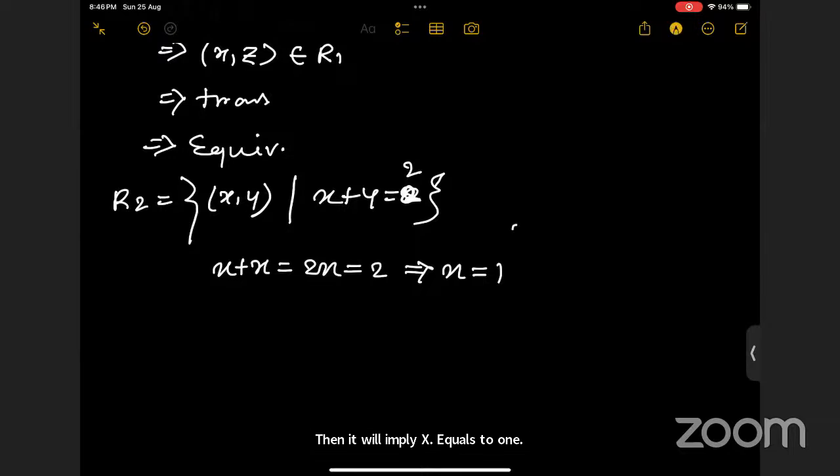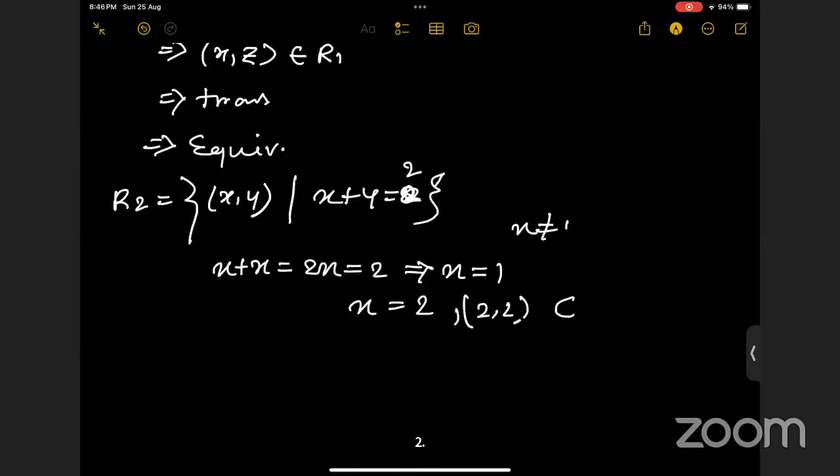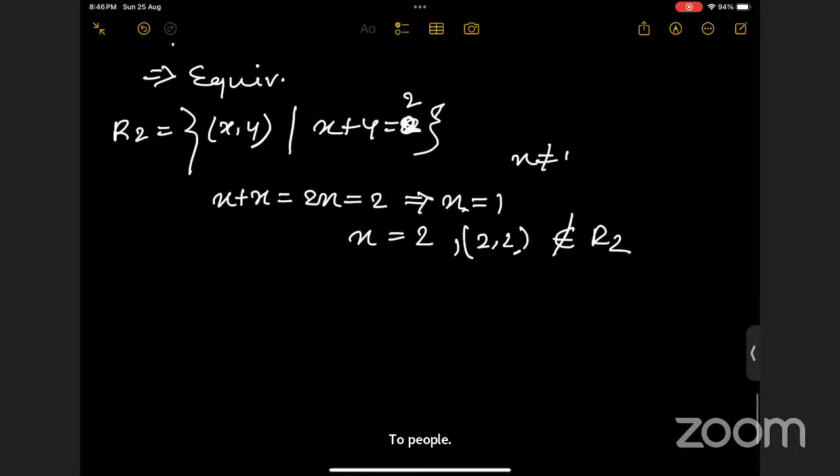So if x is not equal to 1, suppose let us take x equals 2. Then 2 belongs to R2? Is the statement right? No, this is not possible. This is wrong, right? So we have an example, 2, which is not in R2.